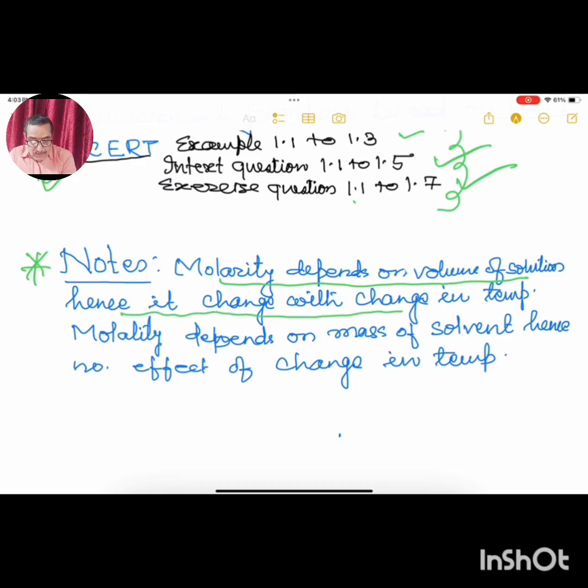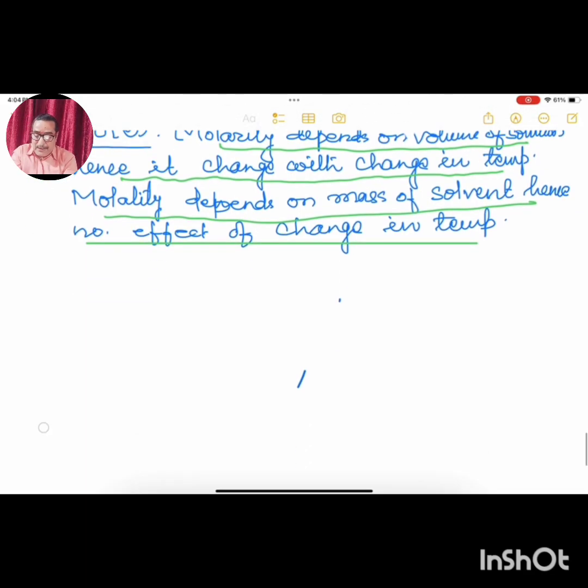Molarity depends on the volume of the solution, hence it changes with change in temperature, but molality depends on the mass of the solvent, hence there is no effect of change in temperature. Now I give one example of a numerical problem, because in a numerical problem, the first duty of every student is to read the question two times.